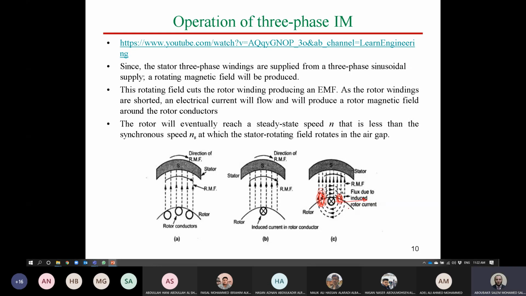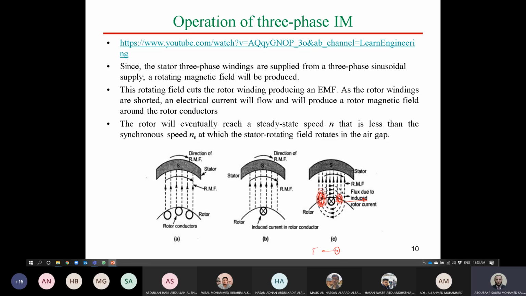Okay guys? This force will move the conductor from this side. Of course, this conductor is one part of a turn. That means we have another conductor in the bottom on the same turn, and the current is in the opposite direction compared to the upper one. And we will find that it has force in the opposite direction.